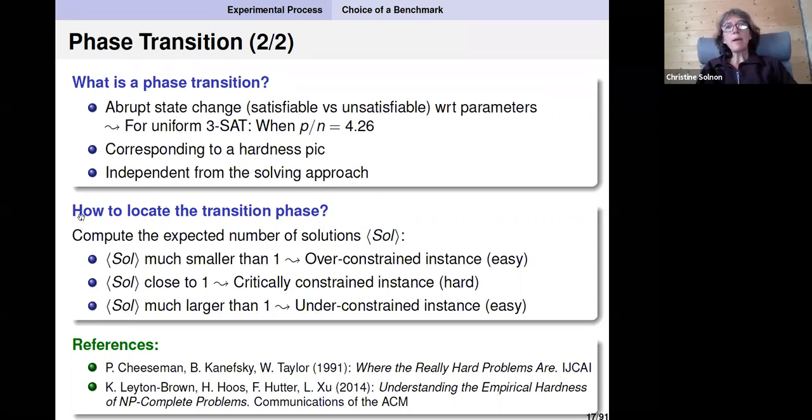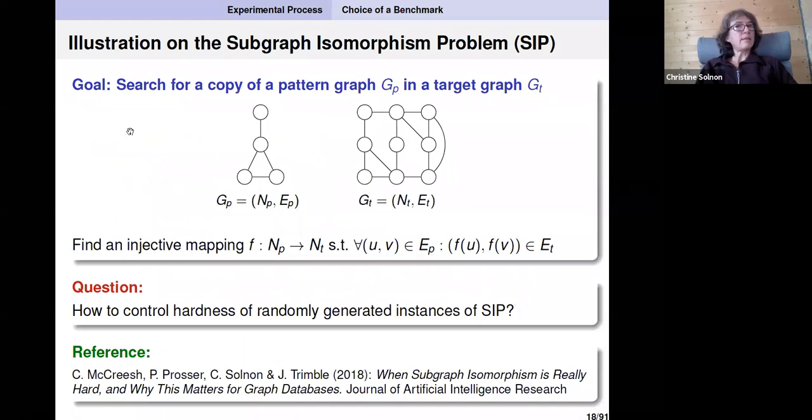I'm going to illustrate this on another problem, which is the subgraph isomorphism problem. The goal is, we have two graphs, a pattern graph on the left and a target graph on the right, and we want to decide if there exists a copy of the pattern in the target.